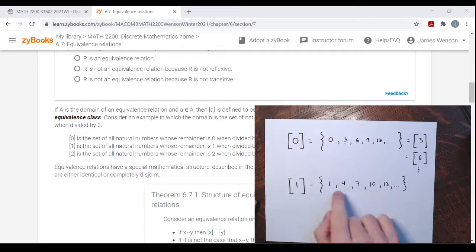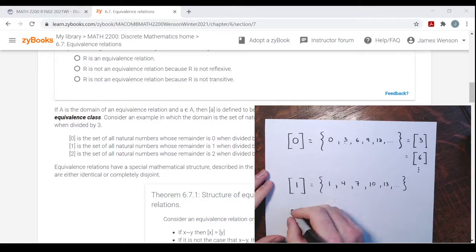This equivalence class for the number 1, you could also say was the equivalence class of 4, or the equivalence class of 7 or 10 or 13 or 16. Because again, they have the same elements. They are the same set. But we're usually going to use the smallest representative of that set in the equivalence class notation.